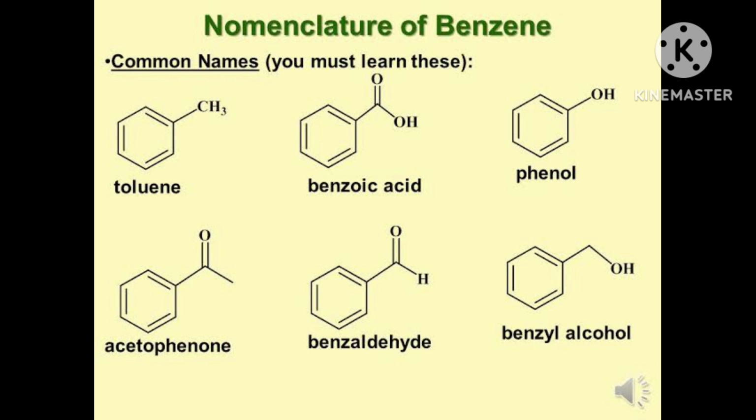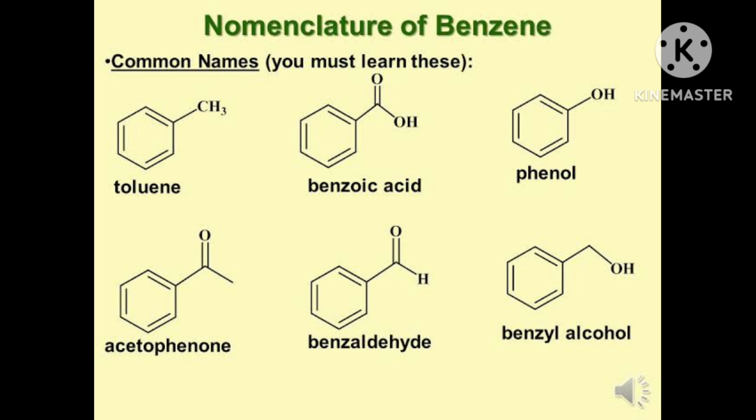And if 2 bromines are at carbon 1 and carbon 2, then it is called 1,2-dibromobenzene, because carbon 1 has bromine and carbon 2 has bromine, so both are close.